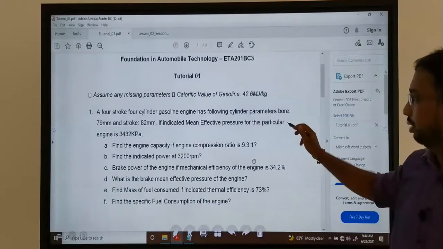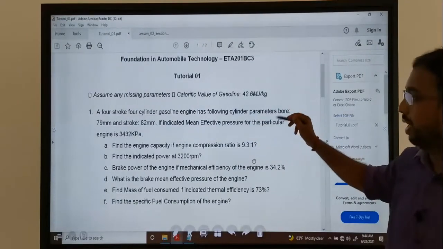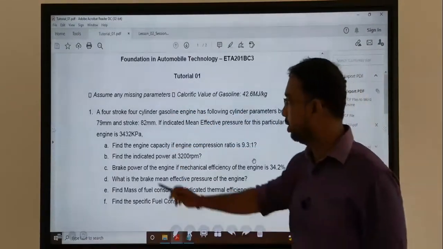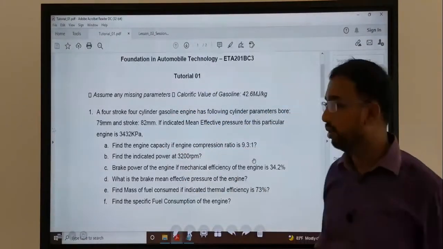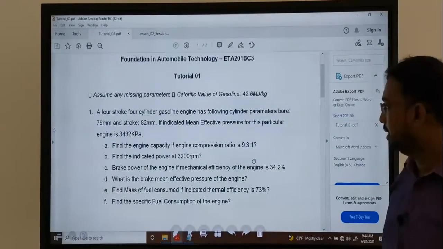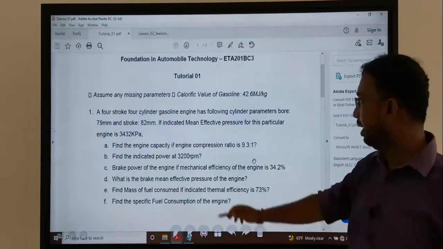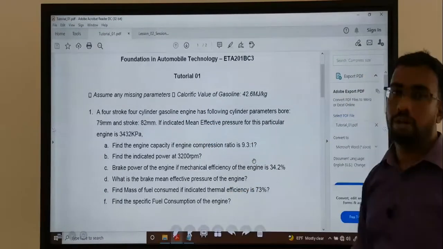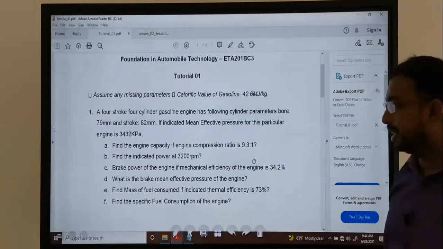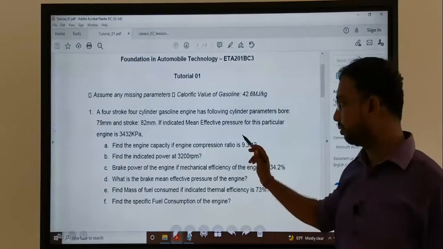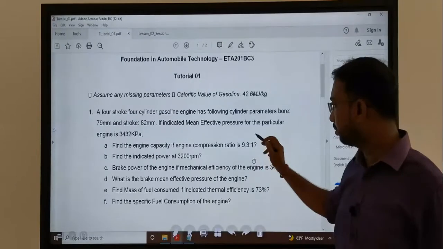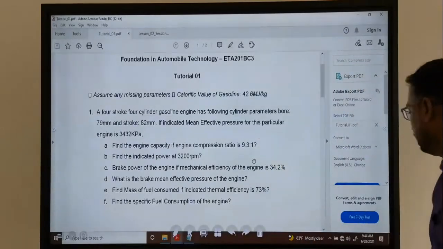The parameters: the diameter of the bore is 79 millimeter and the length of stroke is 82 millimeter. The indicated mean effective pressure for this particular engine is 3432 kilopascal. So first find the engine capacity if the compression ratio is 9.3 to 1.